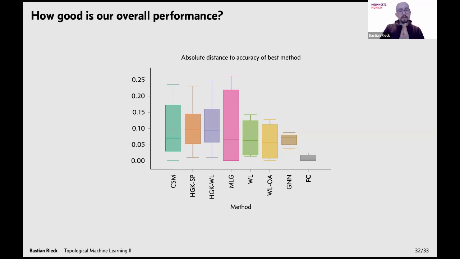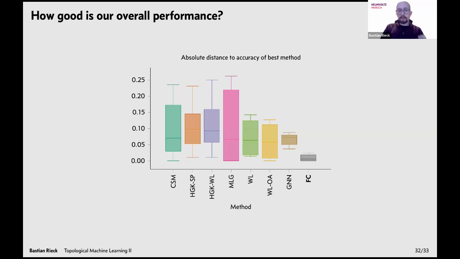Again, we don't have a nice theoretical explanation for this yet, but this might hint at, dare I say it, almost universality of topological information, because you might not always be able to use it gainfully, but it at least gives you a literal competitive edge in comparison to other methods.